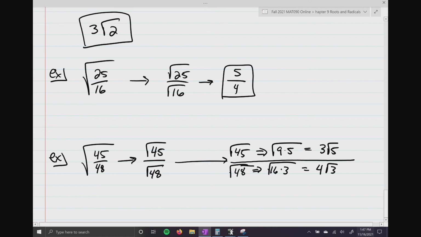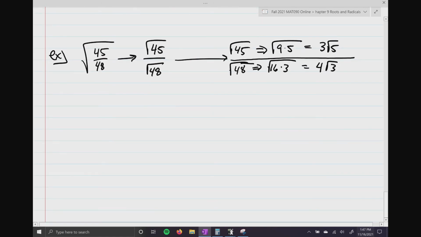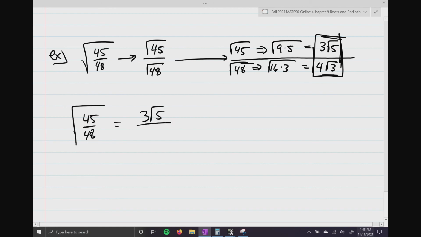So if you look at what I have at the very end, right here, I'm blocking it in. The square root of 45 over 48 is equal to 3 square root of 5 over 4 square root of 3, which is your final answer.